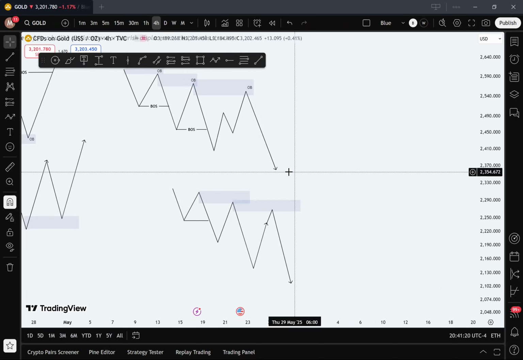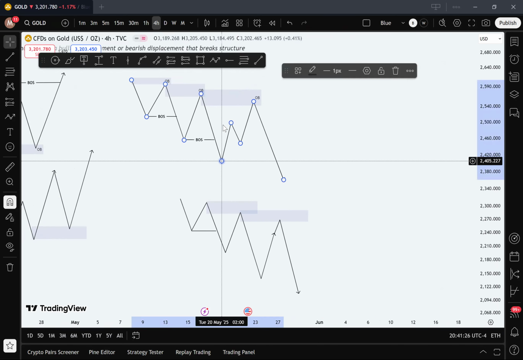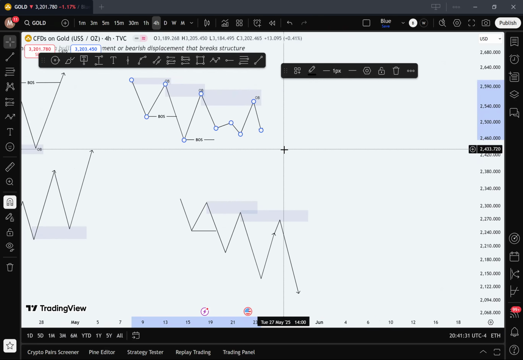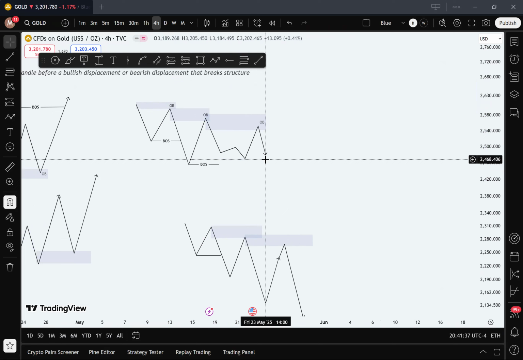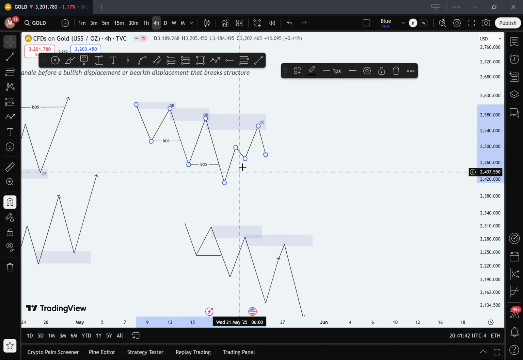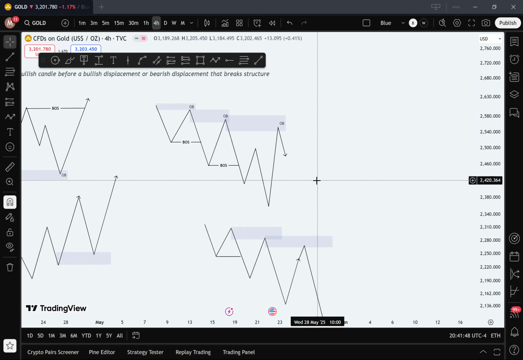If it doesn't break this structure right here, it is not an order block, and so we do not mark it and expect it to push price lower. We only expect it to push price lower when it does what? Break structure right there. If an order block does not break structure, it is not a valid order block. You do not expect it to push price lower or higher.